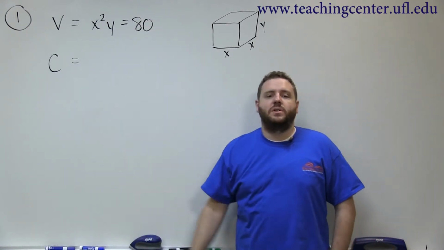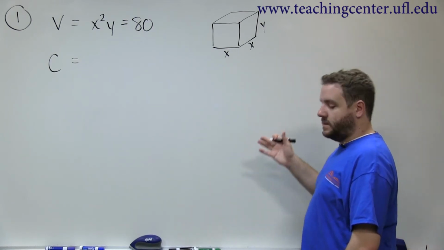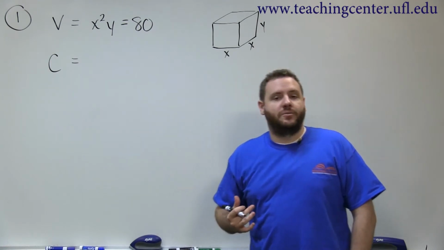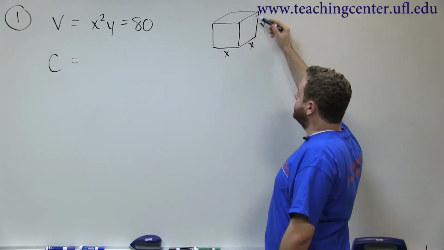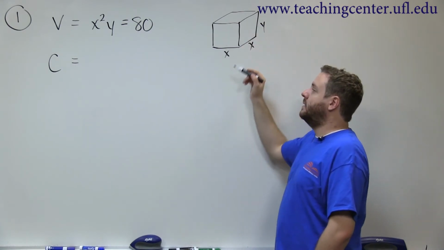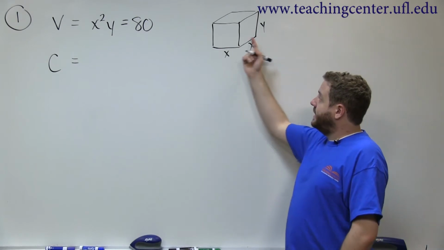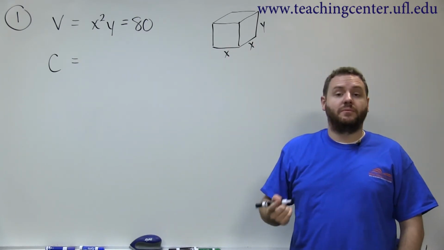Now let's come up with a cost equation, because that's what we're going to have to minimize. All the sides and the bottom cost $1 per square inch, but the lid is $1.50. The cost of each face is going to be its area times the cost per square inch. So for all of the sides and the bottom, that's 1, and for the top, that's 1.5.